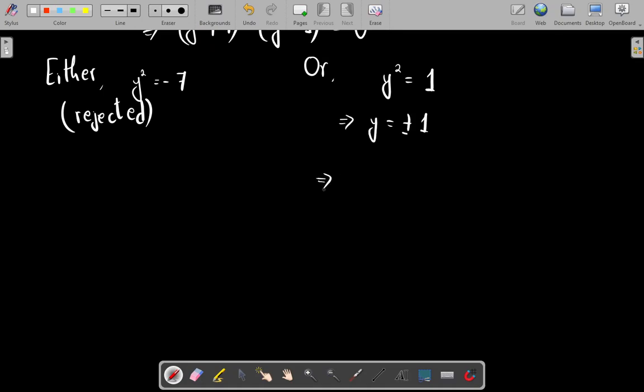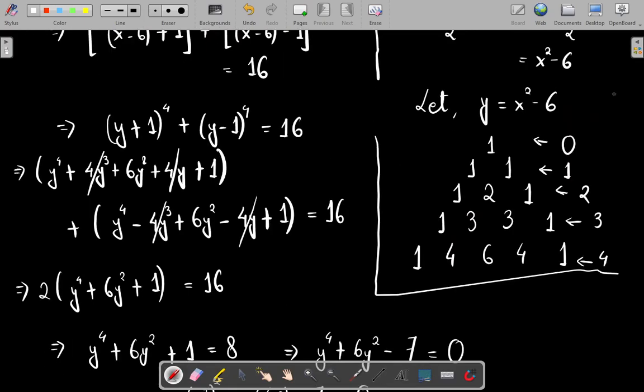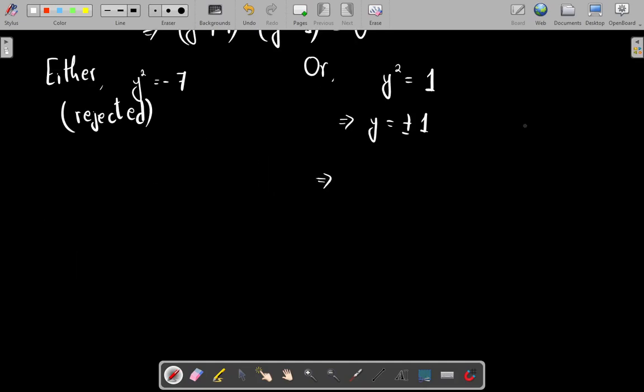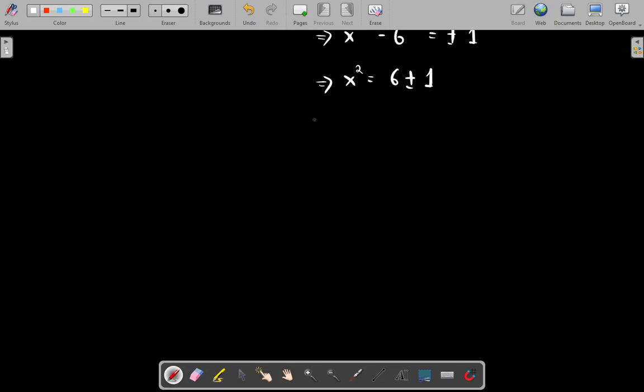Okay, now what was y? Y was x square minus 6. This is the substitution we used here. Okay, so x square minus 6 equal to plus minus 1, right? So this implies x square equal to 6 plus minus 1. So this further gives us two roots.